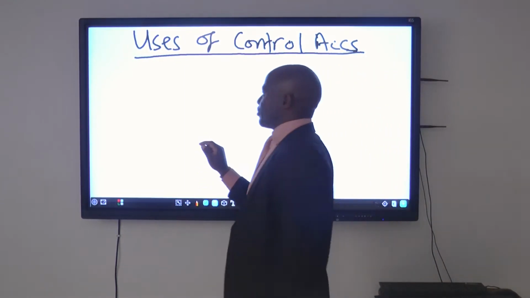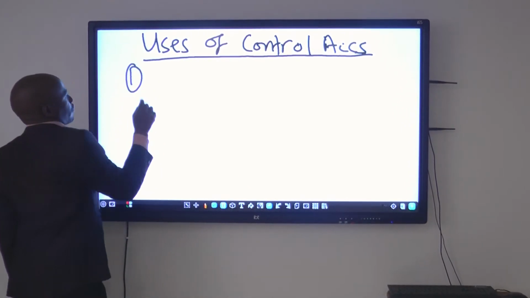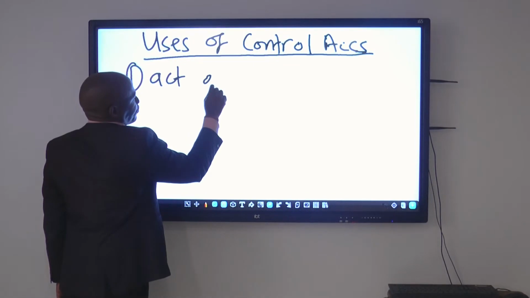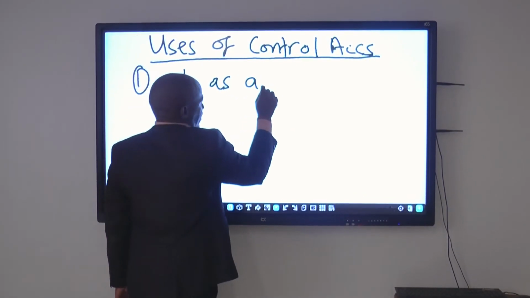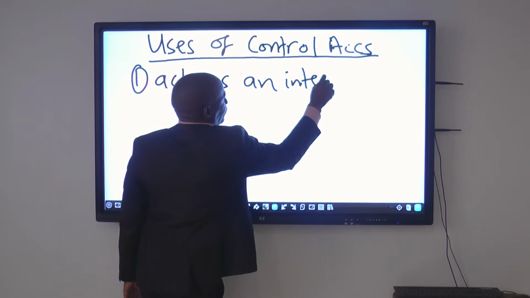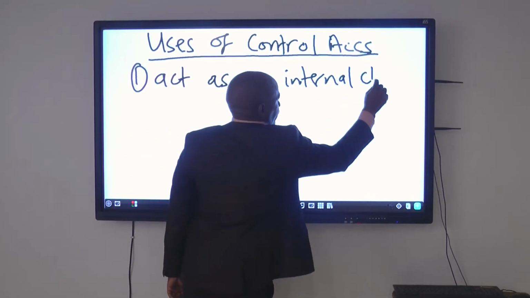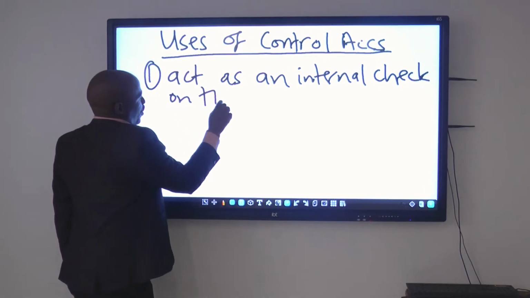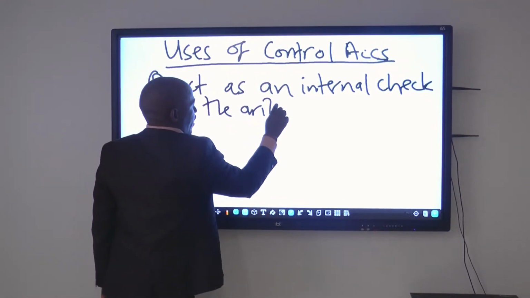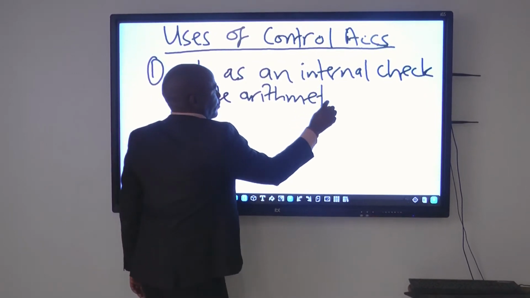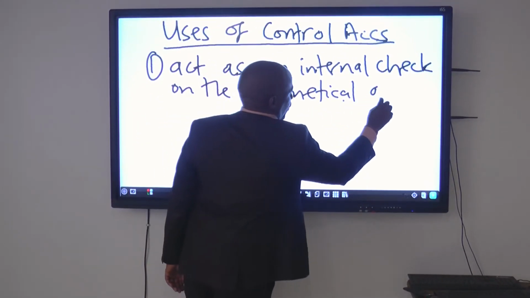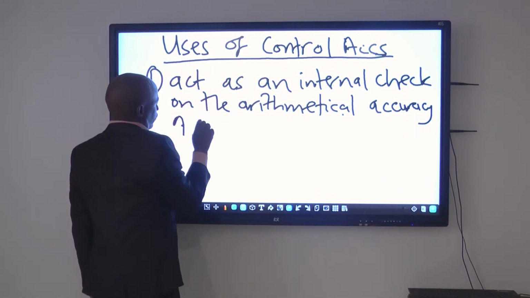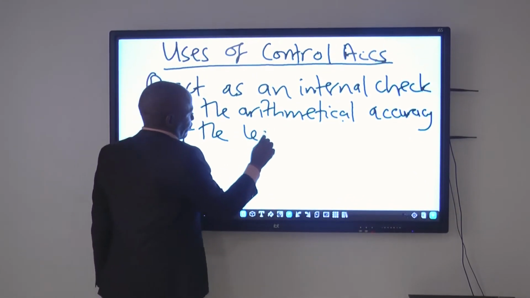Now, reason number one: they act as an internal check on the arithmetical accuracy of the ledger.